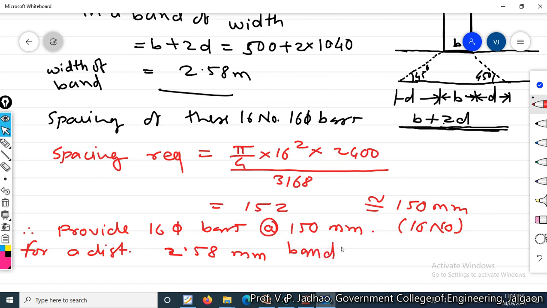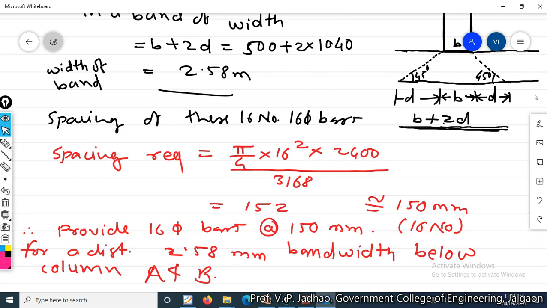That is the same bandwidth below columns A and B. Just a minute, I'll scroll up.